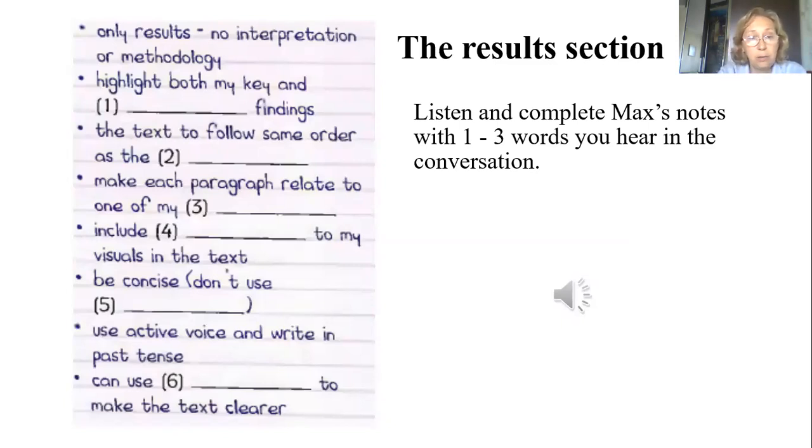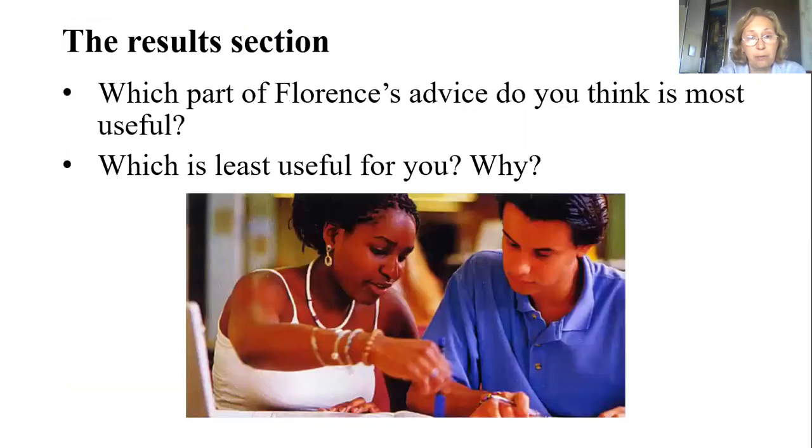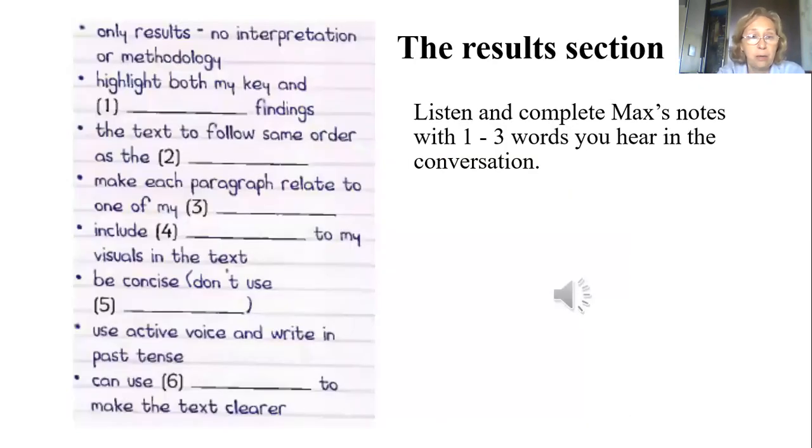As for the least useful for me, this is like the text to follow the same order as the visuals. I think this is obvious. So if you give the visuals, you should describe the visuals in the same order.